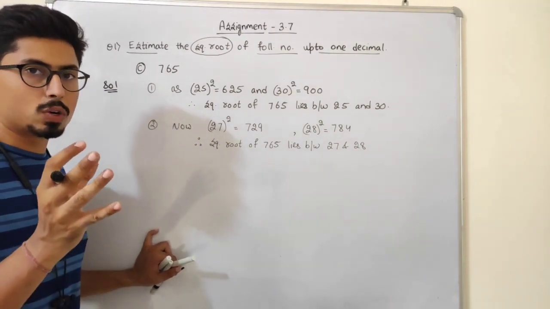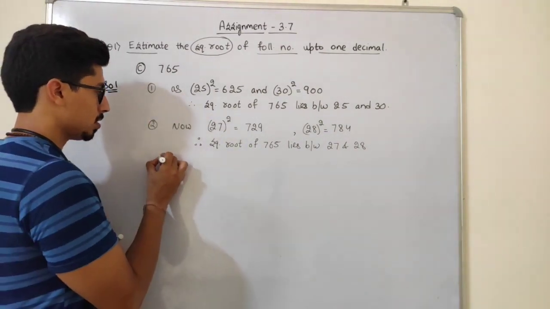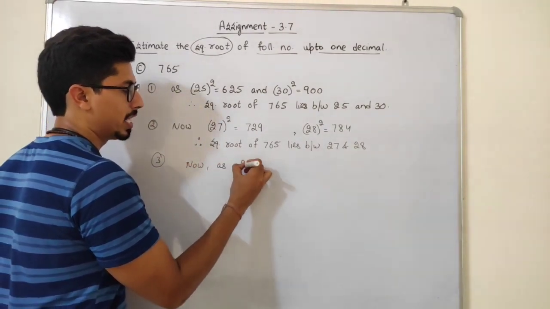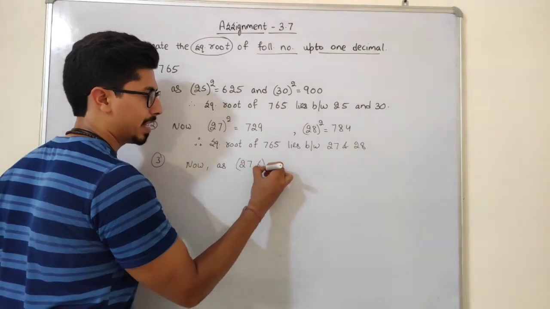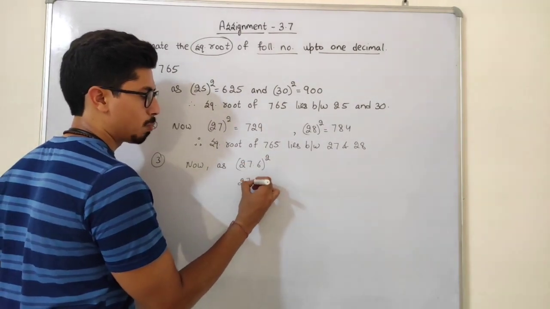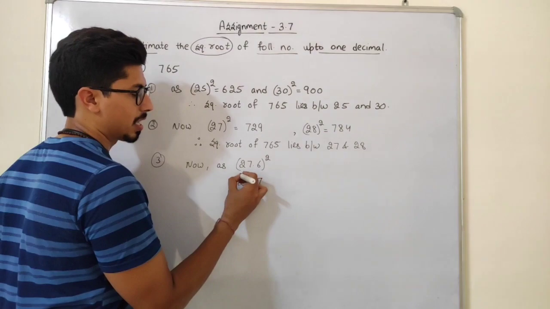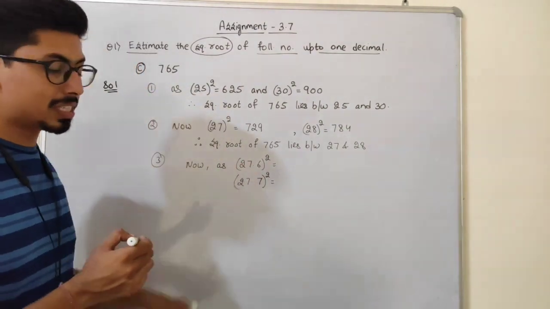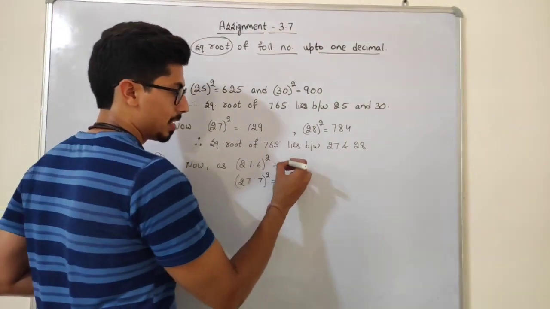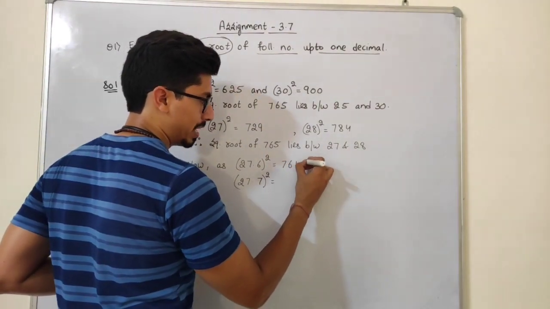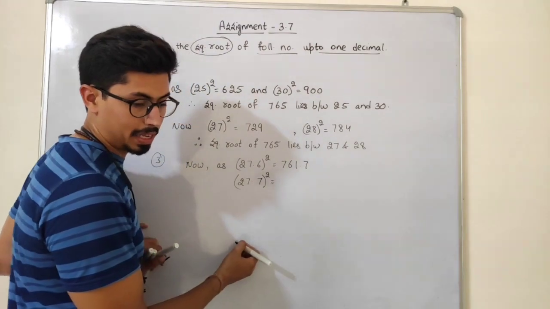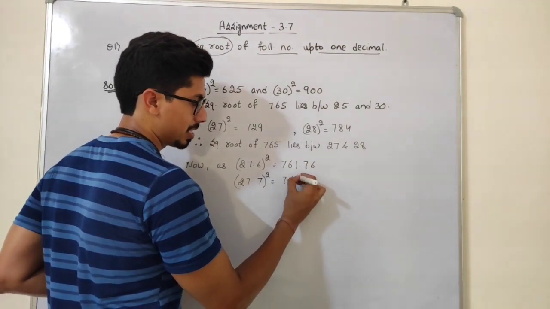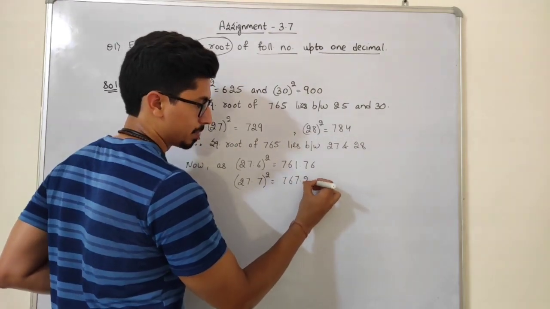So students, if I take 27.6 square and 27.7 square, 27.6 square will be 761.76 and 27.7 square will be 767.29.